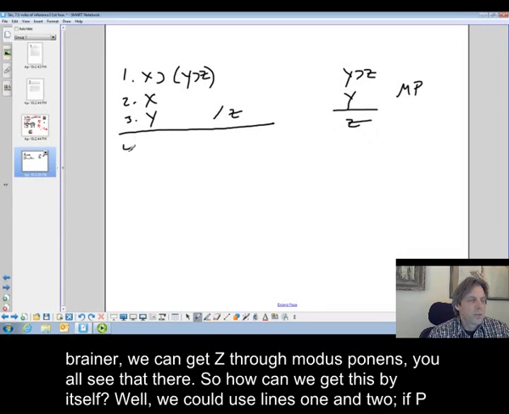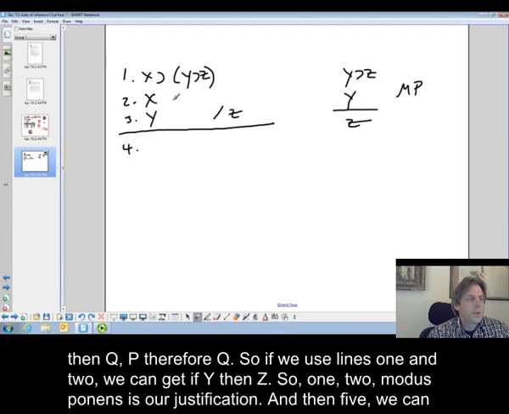Well, we could use lines 1 and 2. If P, then Q, P, therefore Q. So if we use lines 1 and 2, we can get if Y, then Z. So 1, 2, modus ponens is our justification.